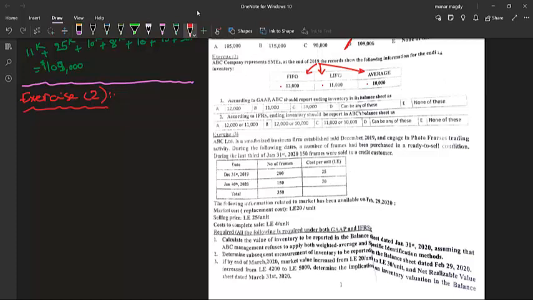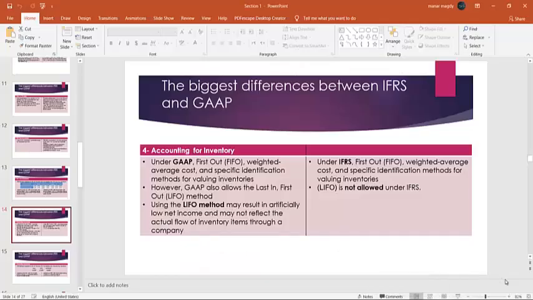If the company in number 1 follows GAAP, ABC should report ending inventory in its balance sheet as, if we refer back to our rules for accounting for inventory, we will remember that GAAP applies FIFO, LIFO, and weighted average.